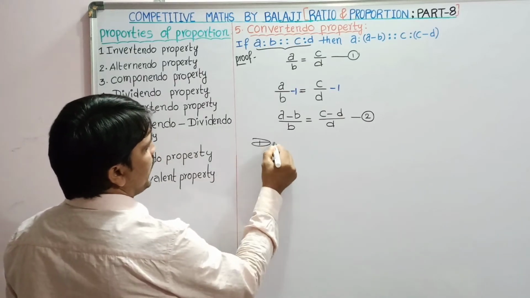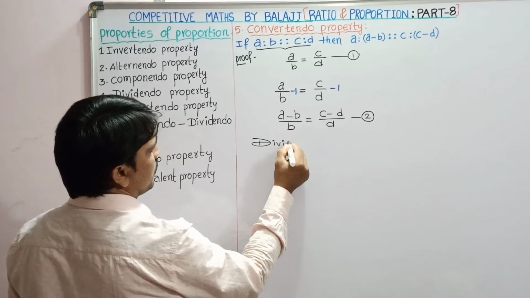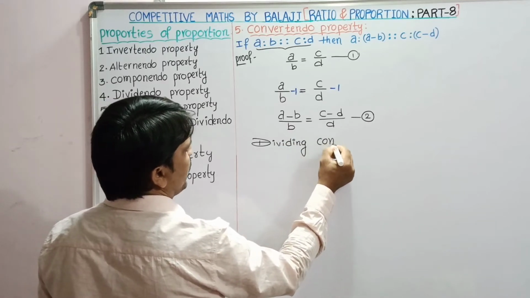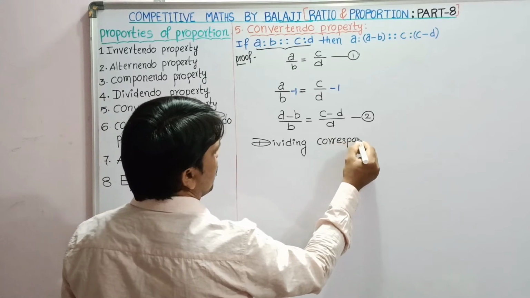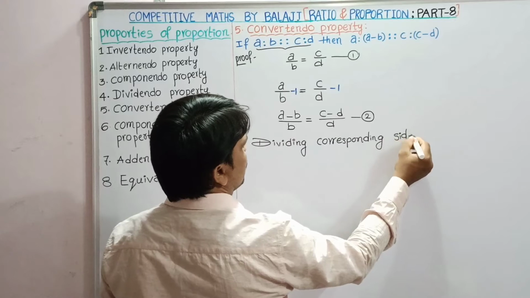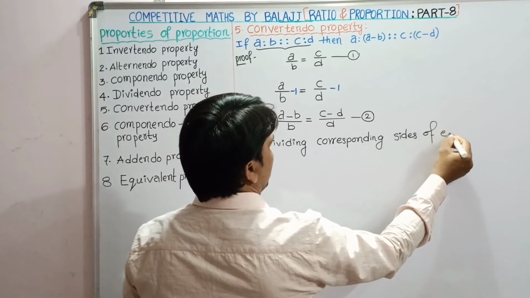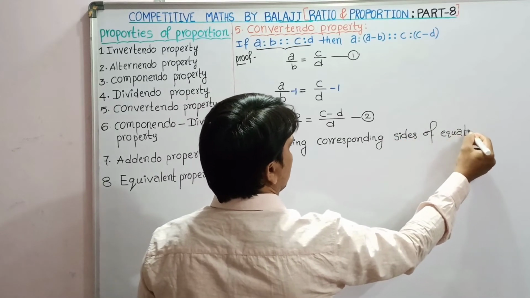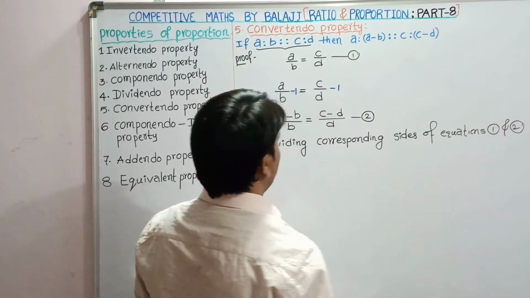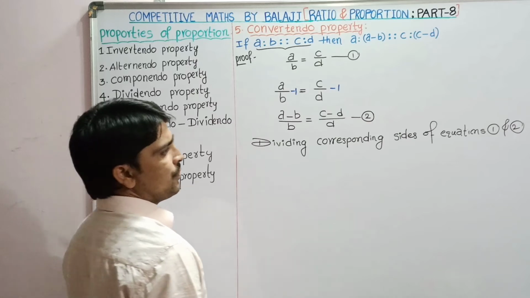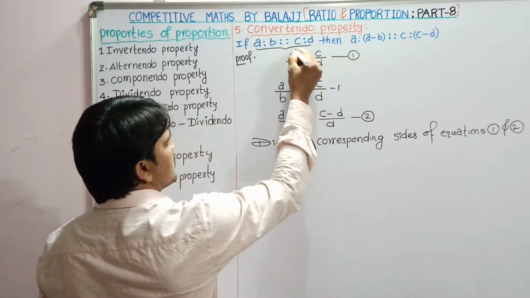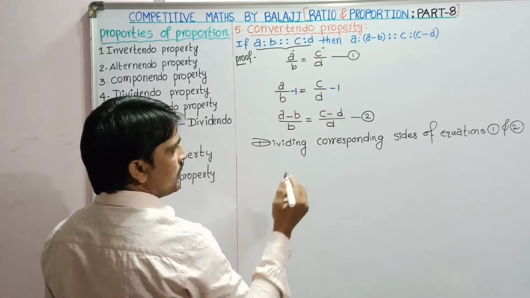Now, dividing corresponding sides of equations 1 and 2, what do we get? Equation 1: the LHS is a by b, the RHS is c by d.